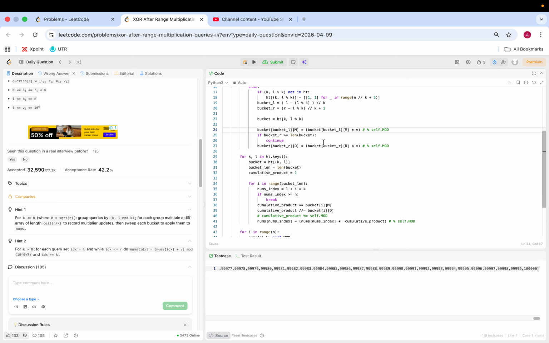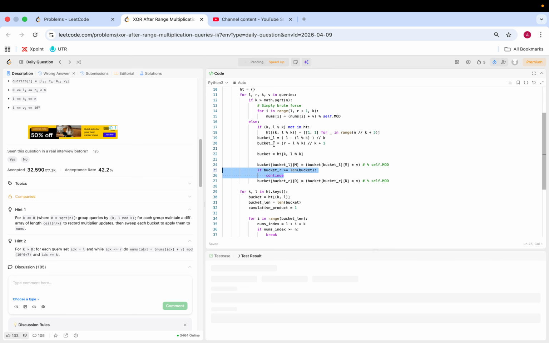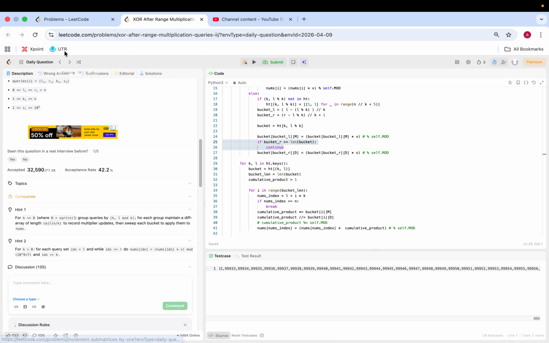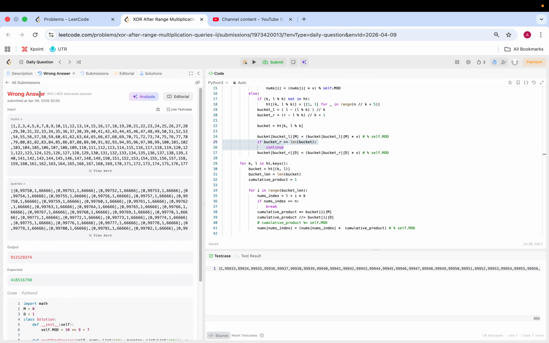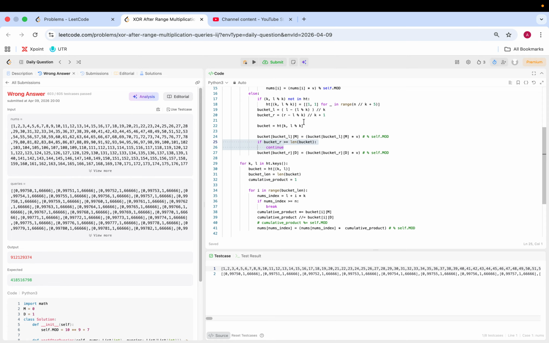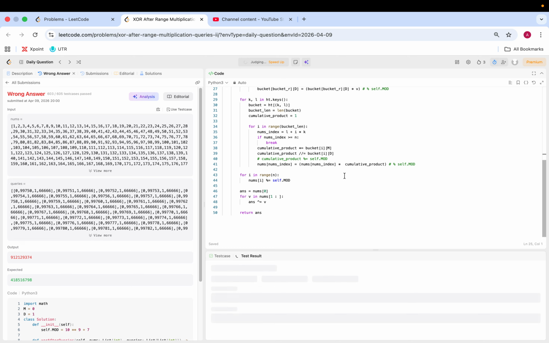I can only imagine it's correct, but I'm not sure where it would go wrong. My bad, submissions, not solutions. And then use test case, get rid of the first line. All right, if this at least can tell me if I get the correct answer, I'd really appreciate it.